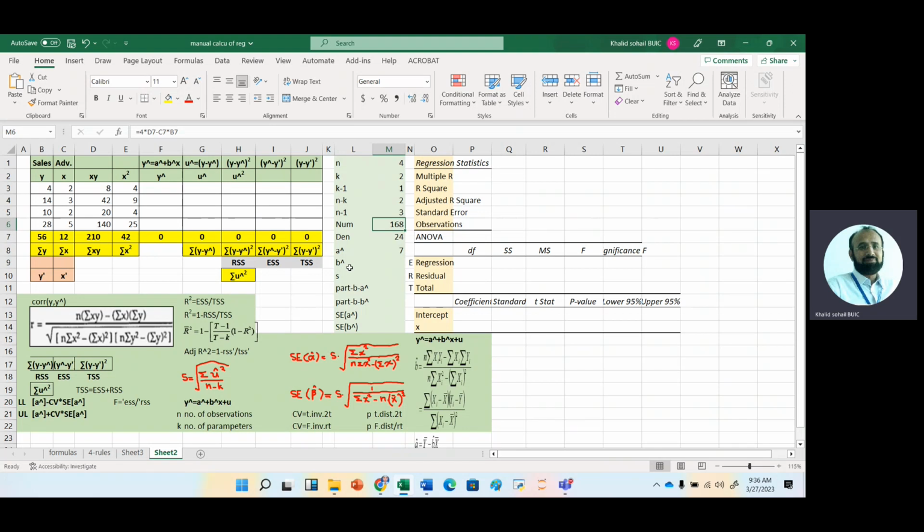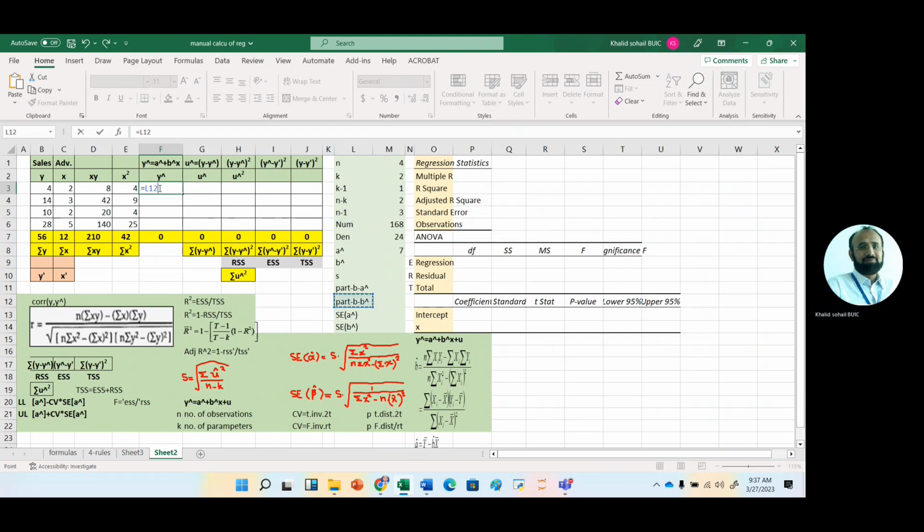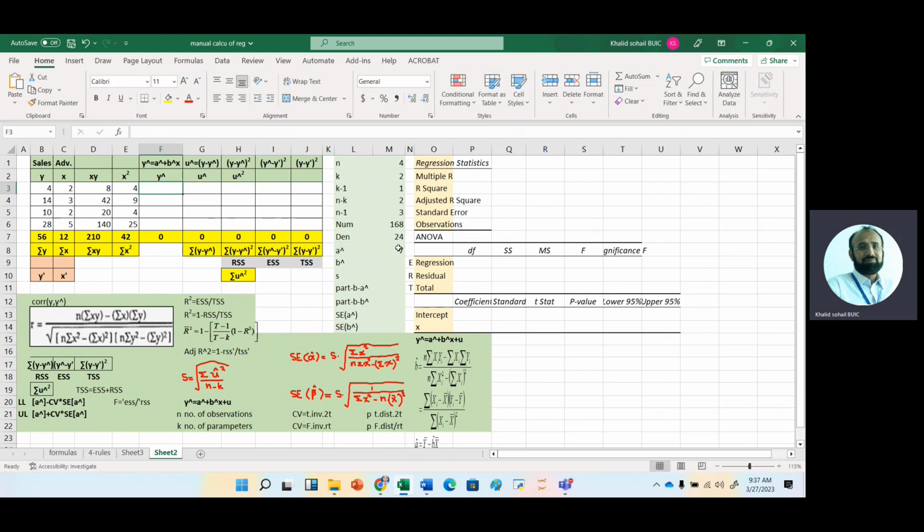Now, after calculating alpha hat and beta hat, we calculate y hat. Y hat is basically alpha hat plus beta hat x. But before calculating this, I'm sorry, this was basically your beta, and I will place it here.